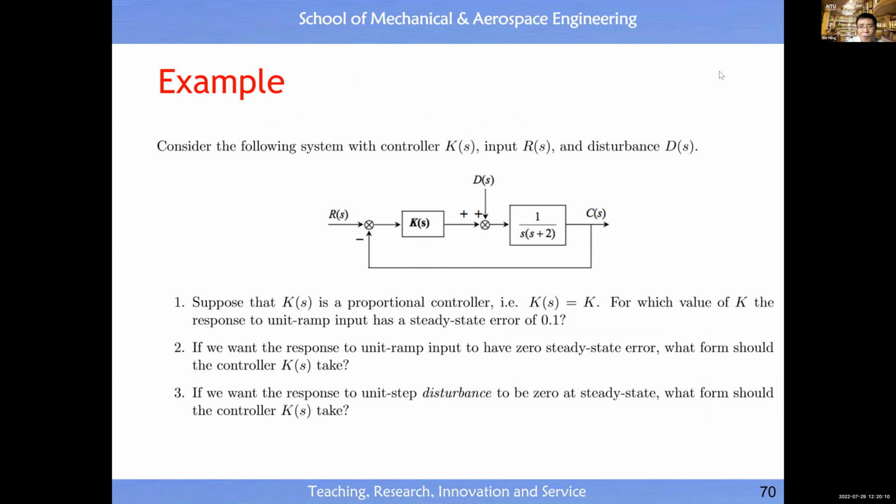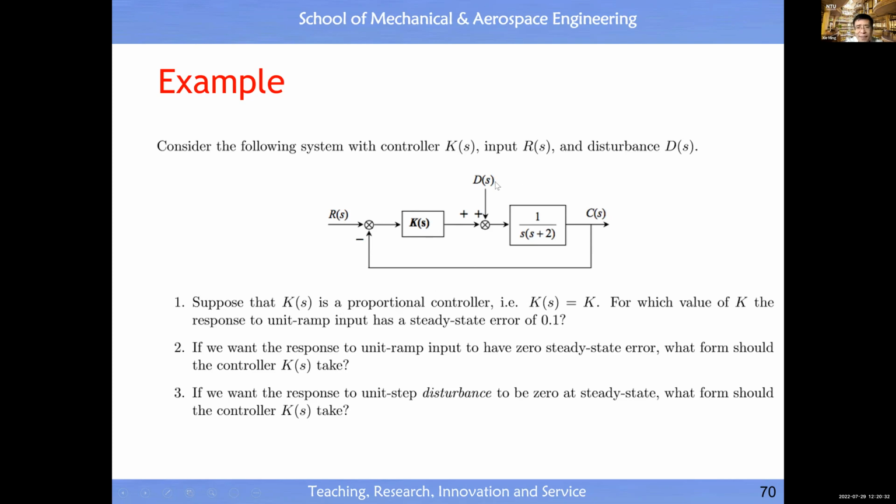achieve the design. For example, you have this control system, then initially this is just a P controller, it's a constant. Then we have a certain error, a steady state error. Now we want to reduce steady state error to be 0. Then what should this controller be? Is it possible to achieve 100% accuracy?